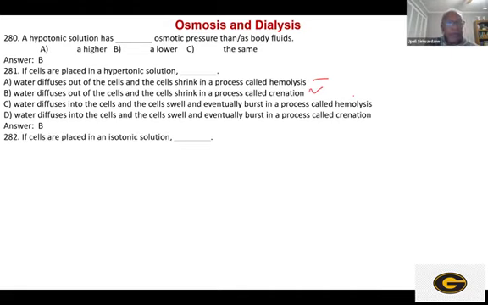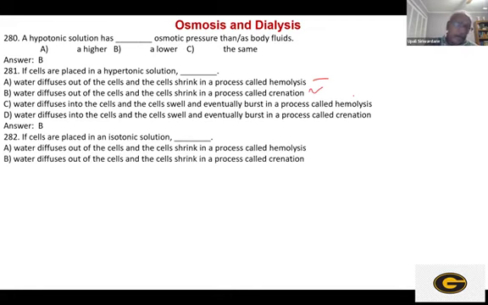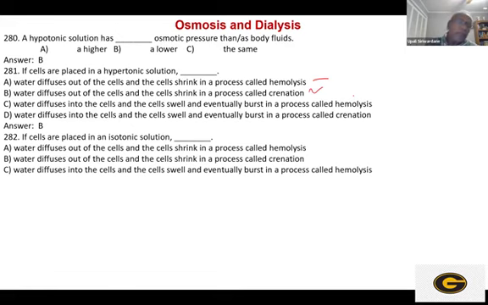If the cells are placed in an isotonic solution, there is equal flow of water from cells to solution. That's the correct answer.